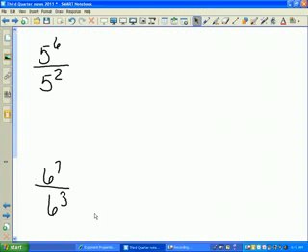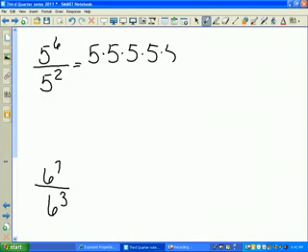So one of the examples he mentioned was 5 to the 6th power over 5 to the 2nd power. So remember, quotient is just another name for division. So in this situation, 5 to the 6th power, that's telling me I'm multiplying that base of 5 6 times.